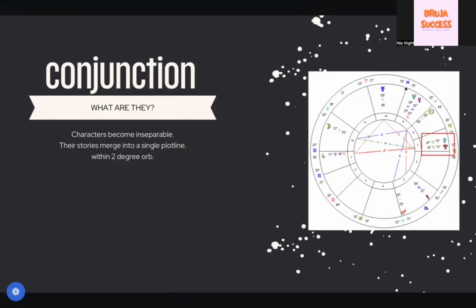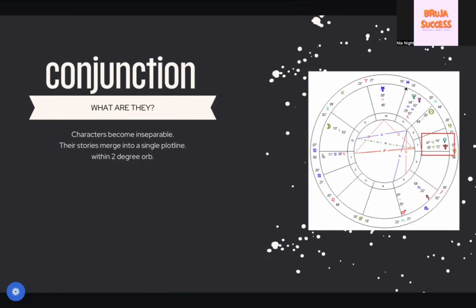So they're not acting like 2 separate planets, 2 separate people in our movie having a conversation. No, they become one voice. It's like mixing yellow and blue paint together. Once it's mixed, you can't separate them and turn them back into yellow and blue. It's green now. That's how the conjunction works. The planets merge together and begin expressing themselves as one combined energy.